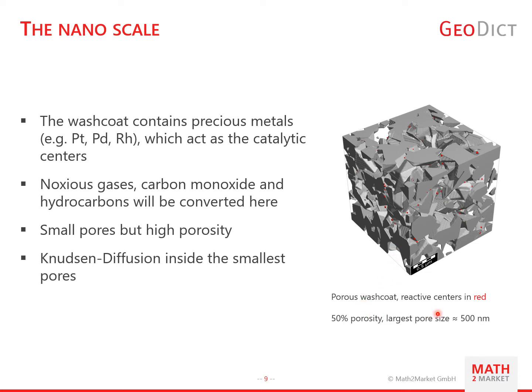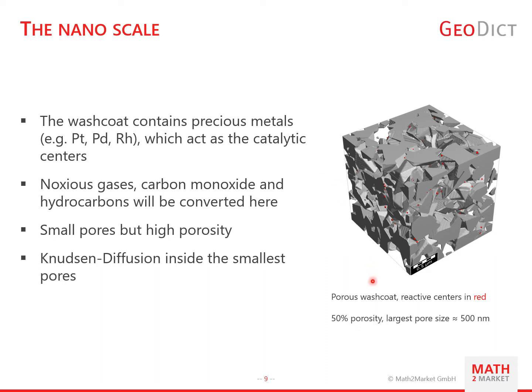In red we can see single dots, and this is more or less what is described in the text: the washcoat layer contains precious metals which act as the catalytic centers. Noxious gases, carbon monoxide and hydrocarbons, will all react on these red dots in the porous washcoat.